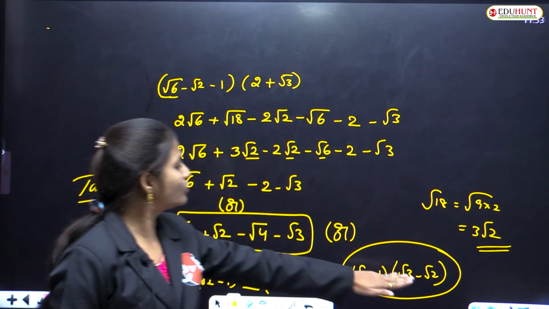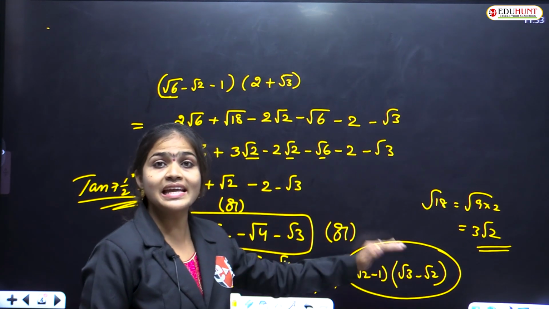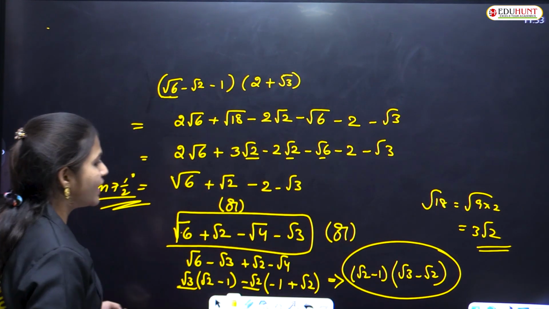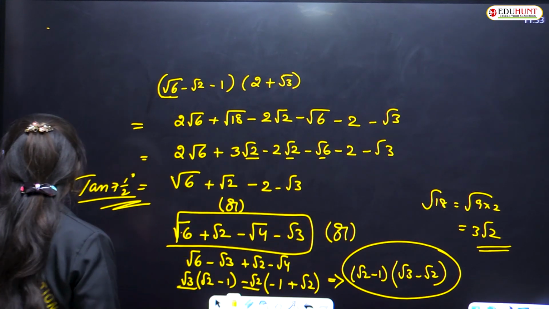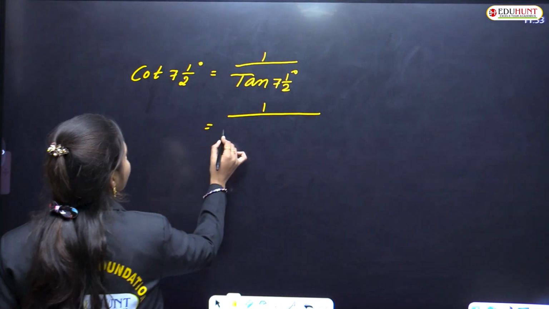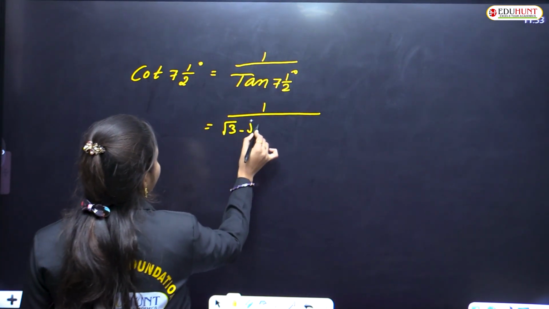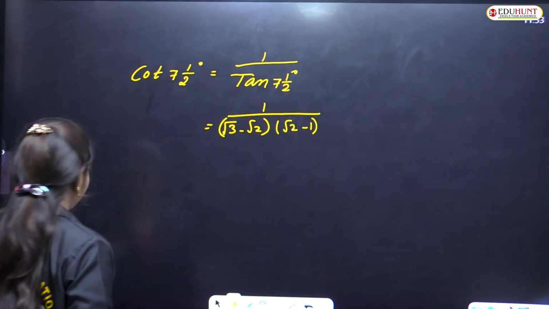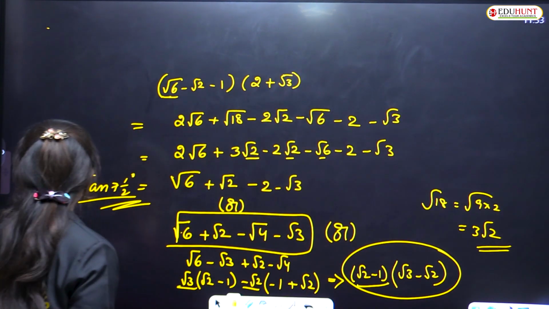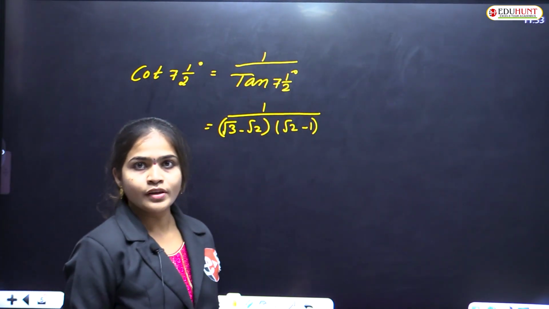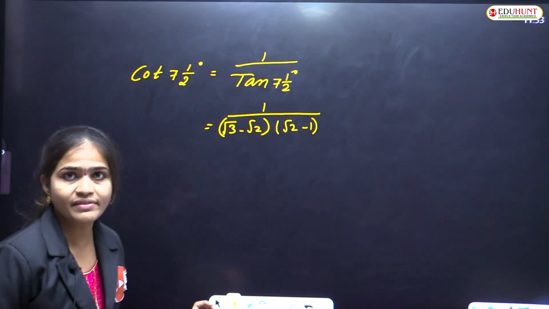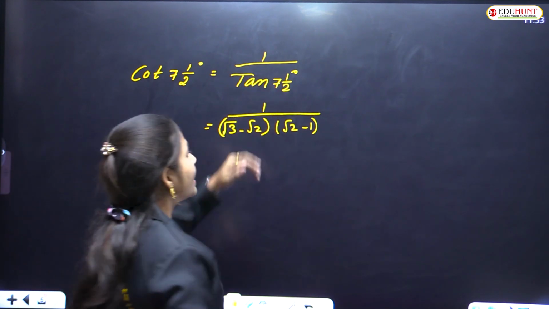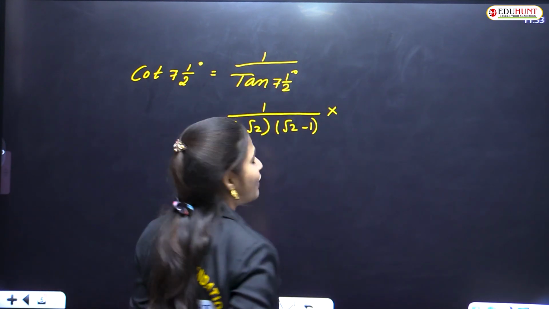Understand? So here I am going to take this one. Why? Because here it is easy to write the rationalizing factor. So root 3 minus root 2 into root 2 minus 1. Am I clear? So here we are going to find cot 7.5 degrees. In the denominator we are having surds, so we can write rationalizing factors.